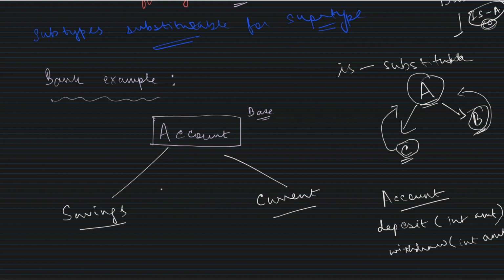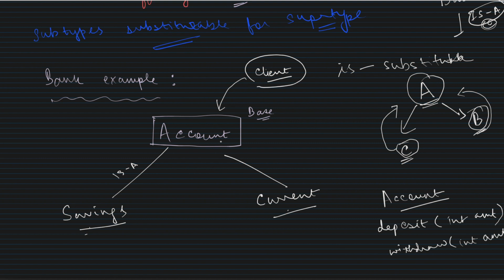Okay. Now, the base class is account, savings and current account are the child classes, and the relationship is an "is a" relationship, like we said. One more thing is there is a client. Who is the client? It can be the ATM, it can be the users, the customers like us. The client is talking to the base class.